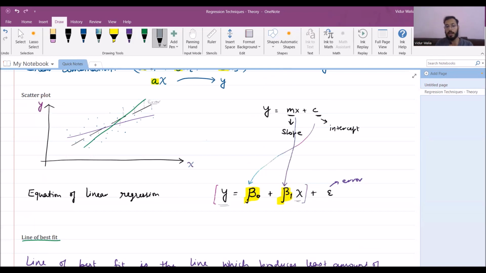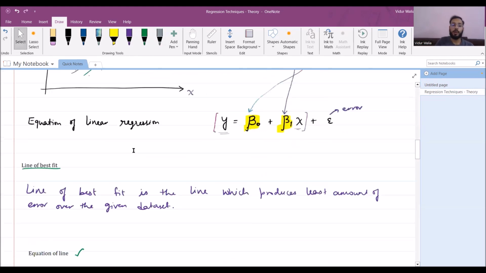That is a good thought. But did you notice that some of the errors are positive? That is, some of the points lie above the line and some of the points lie below the line, right? So these positive and negative errors might cancel each other out and we might not get a clearer picture over here, right? So what do we do next?